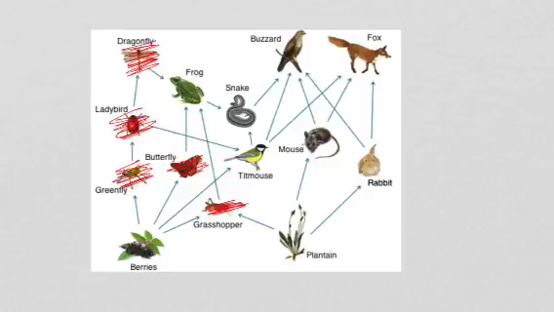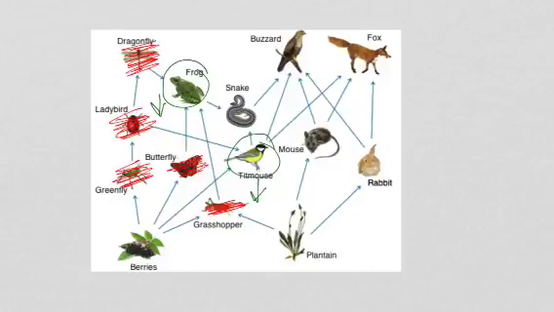So anything that is gone there is going to cause the organism that eats it to get very, very hungry, and their numbers would actually drop. Okay, so the frog's numbers would drop if there were no more dragonflies or butterflies or grasshoppers. Okay, the titmouse would also pretty much starve.